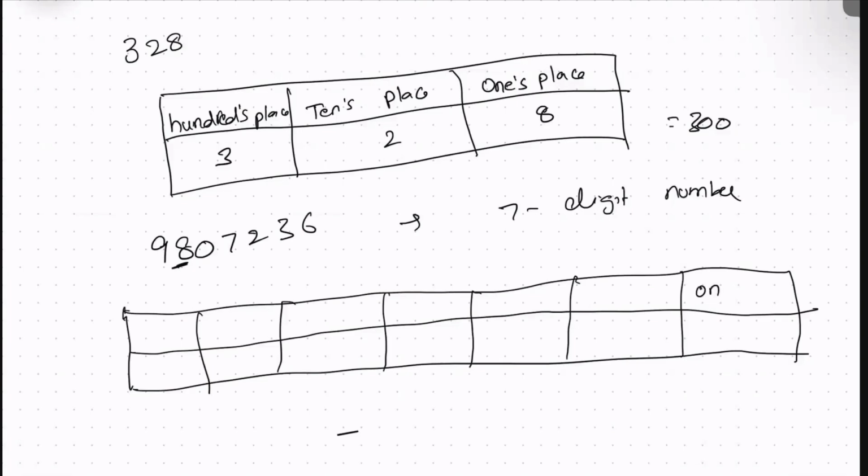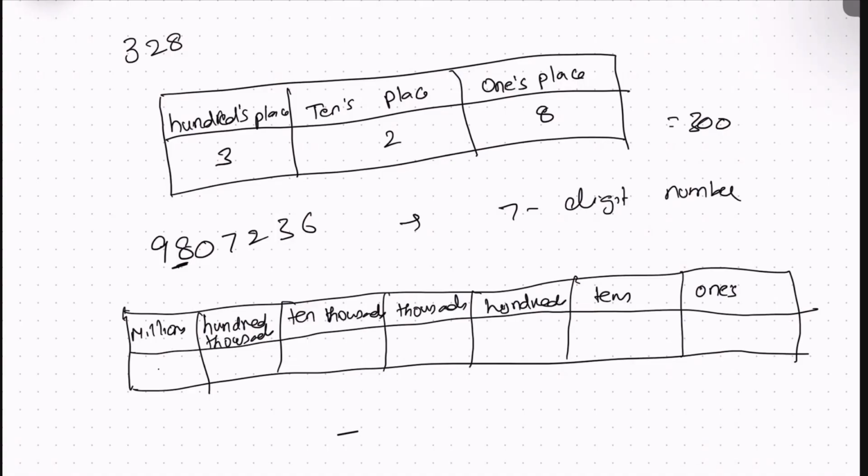It is the ones place, tens place, hundreds place, thousands place, 10,000s, 100,000s, and millions.